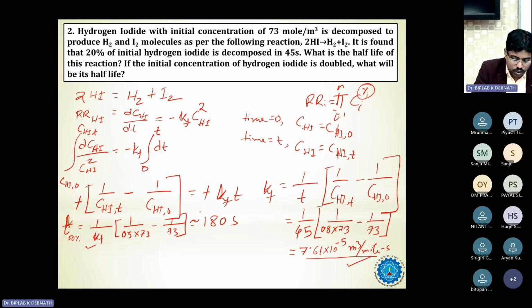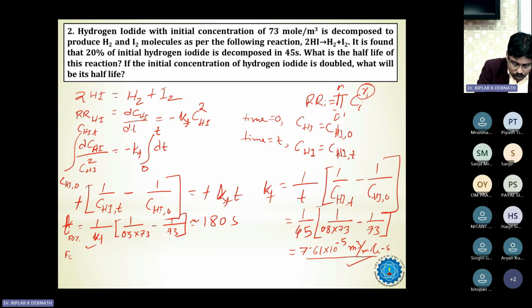Now it is told, if the initial concentration of hydrogen iodide is doubled, what will be its half life? Okay. So even if the concentration is doubled, the reaction rate is not going to change. Okay. So the reaction rate will remain the same.